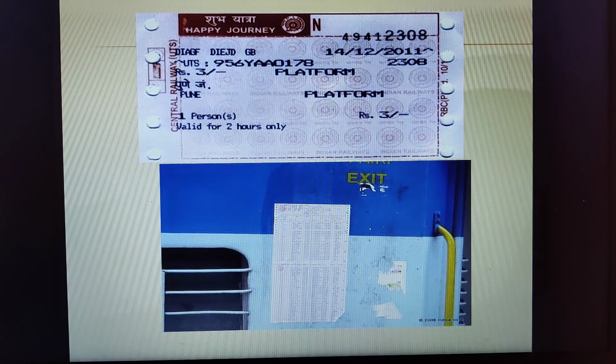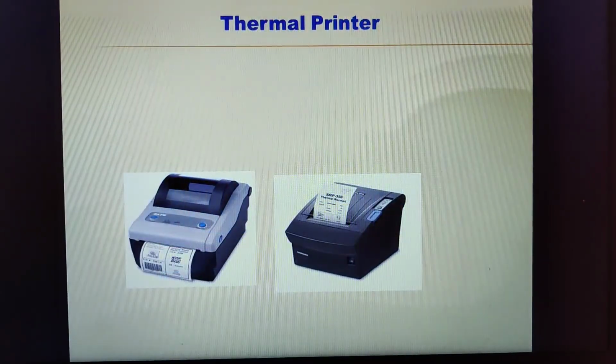Alright, now let us discuss the examples of the non-impact printers. The first printer we are going to discuss is the thermal printer. These thermal printers produce images by pushing electrically heated pins against special heat sensitive paper. I think you have observed after an ATM transaction, you get one slip, your balance slip.